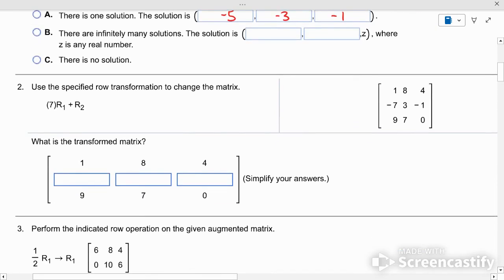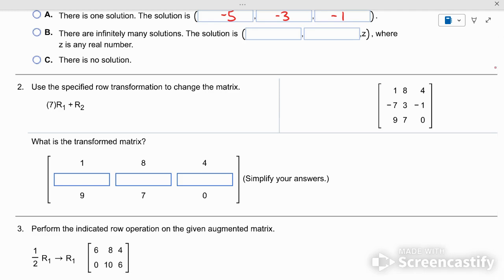Here it says, use a specified row transformation to change the matrix. What it's telling you to do is multiply row 1 by 7 and then add it to row 2, and we'll write the answer replacing row 2 with the new row 2.